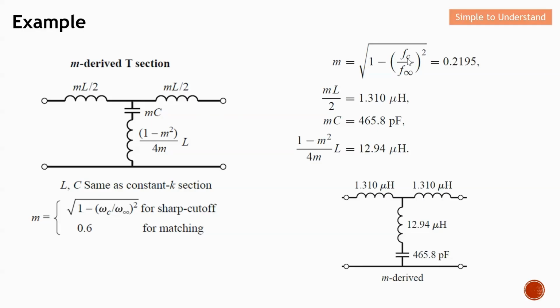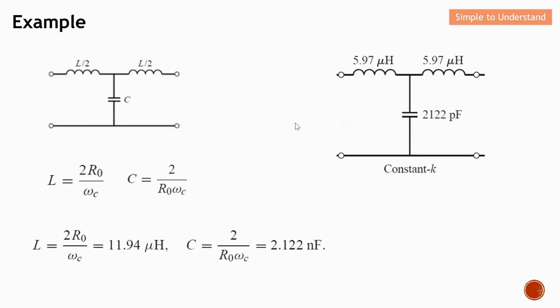This fc will be the cutoff frequency at 2 MHz, while the pole needs to be at 2.05. So with this, we can work out m, which is 0.2195. Next, we need to compute all these values. The L value is what we calculated earlier using the constant K method.